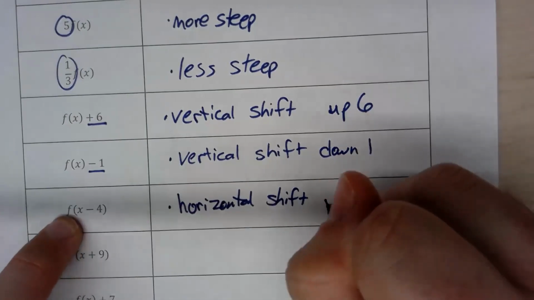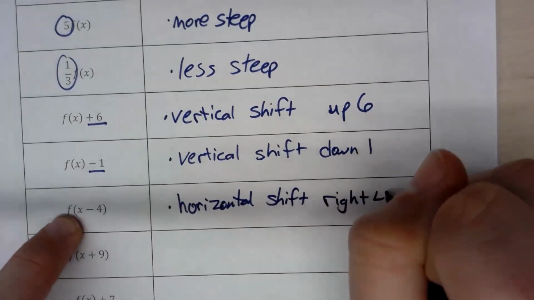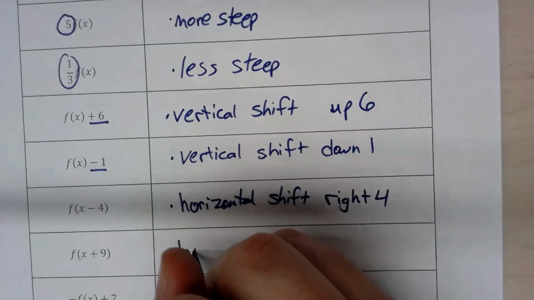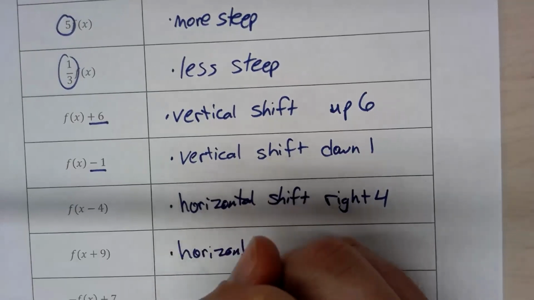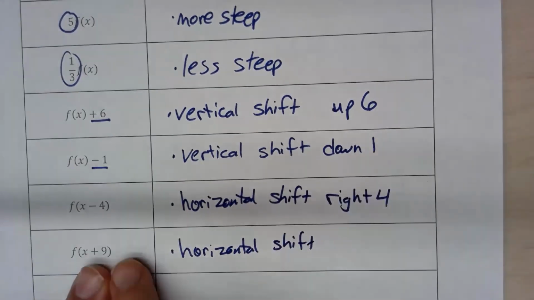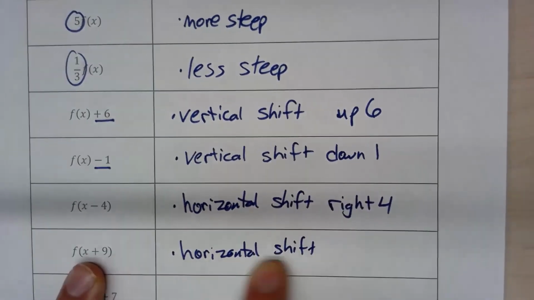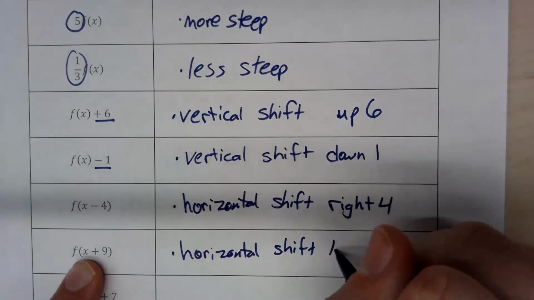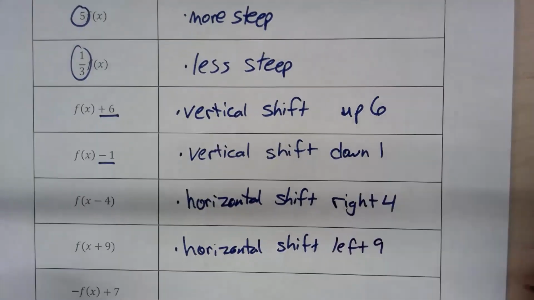So this is really right 4. This one, horizontal shift +9. Oh, in my head on a number line, +9's to the right. But I know the inside's lying to me. The horizontal, I'm lying down. So this is actually left 9.